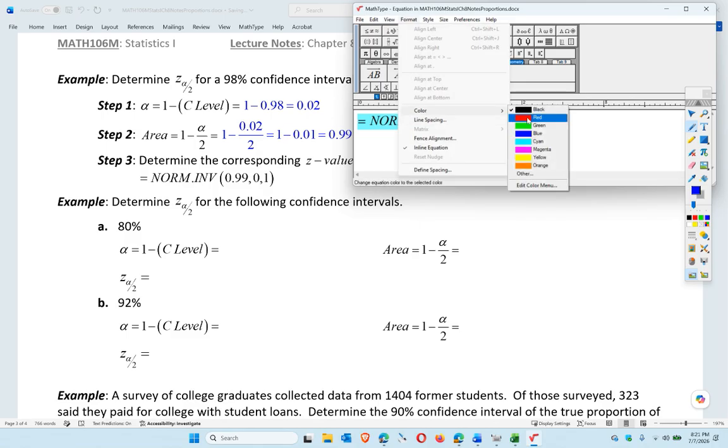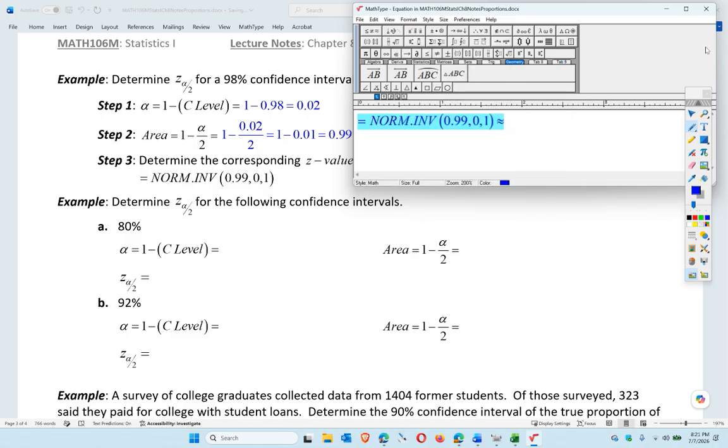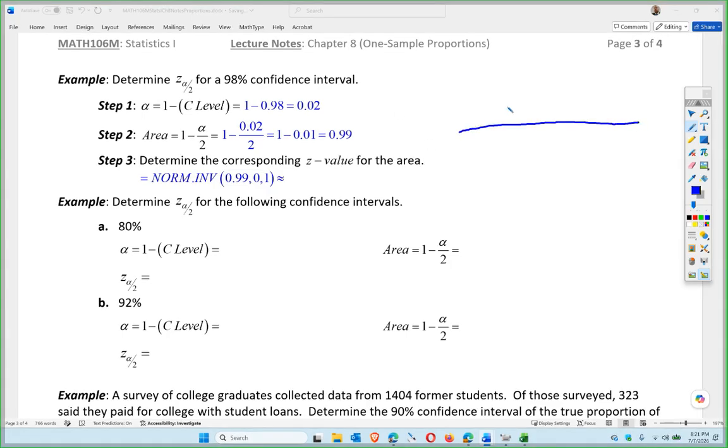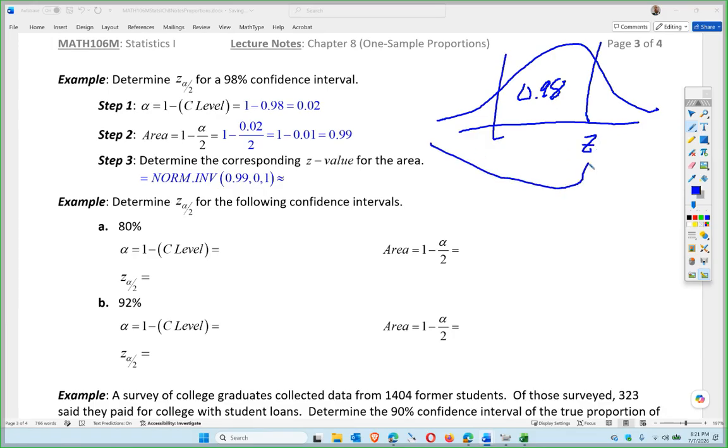So we'll use our spreadsheet to figure this out. If we want a 98% confidence interval, we need to get this z here, correct? From here to here is 0.99, because we have the 0.01 here and the 0.01 here, which together make 0.02, which is my alpha value.